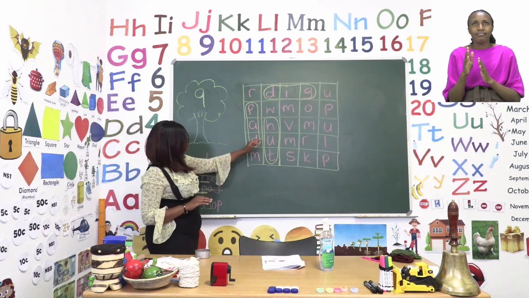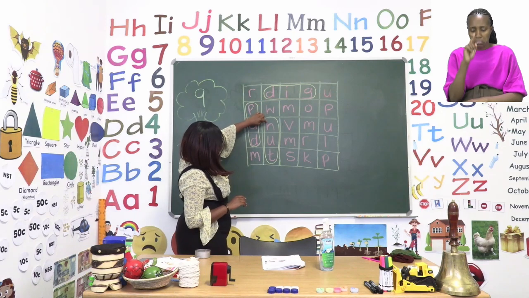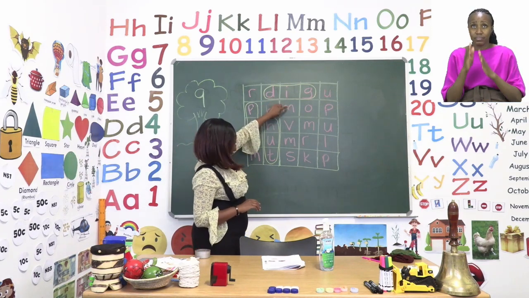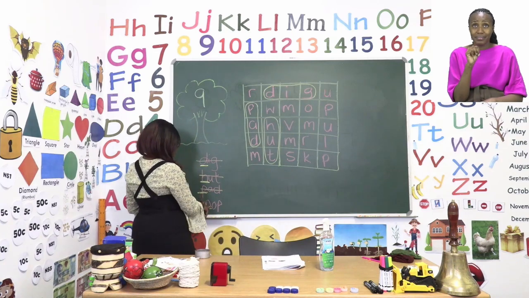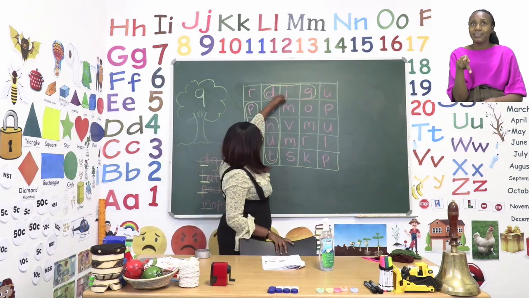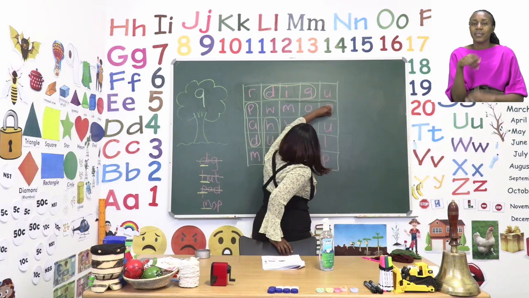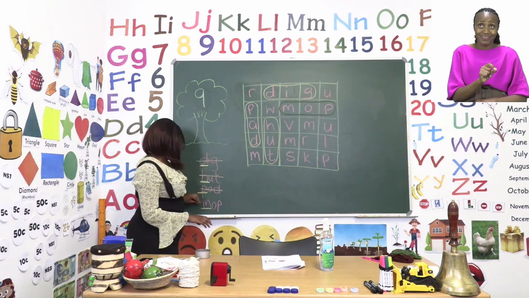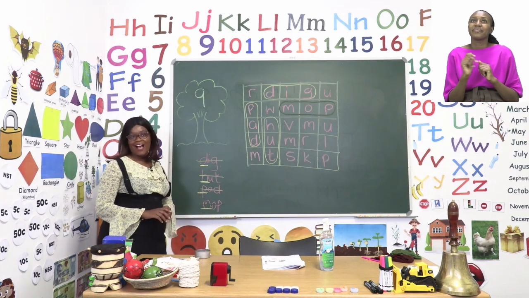Let's keep going. No, there's no M here. Oh, I found an M and an O and a P. So that means it is correct. Well done if you found it before me. And we cross it out.